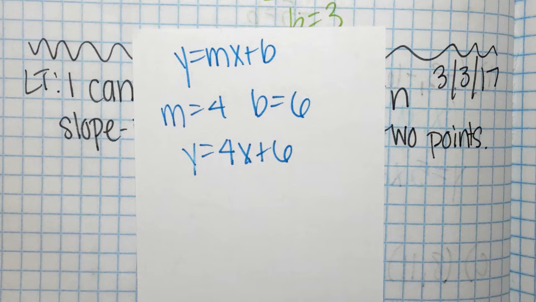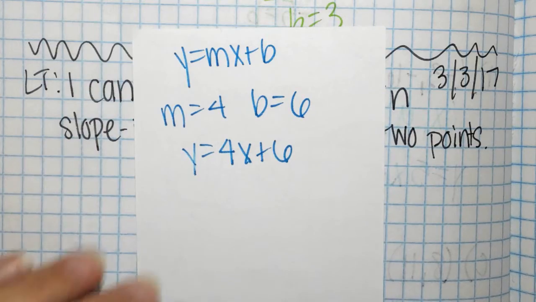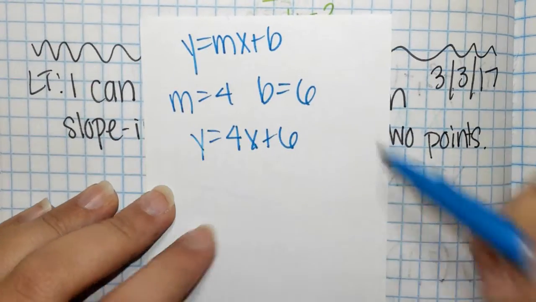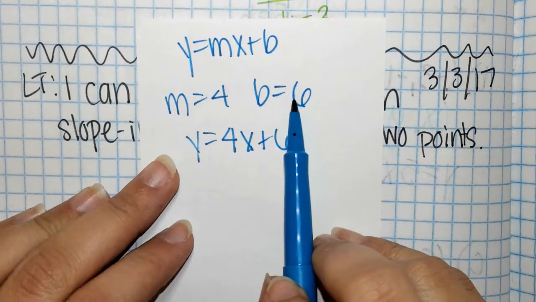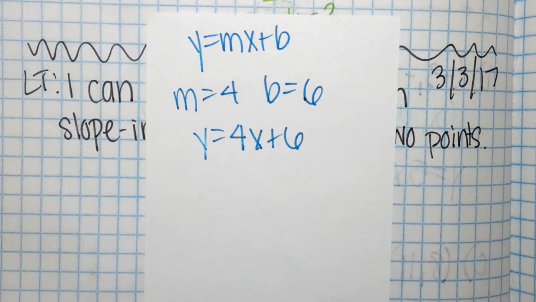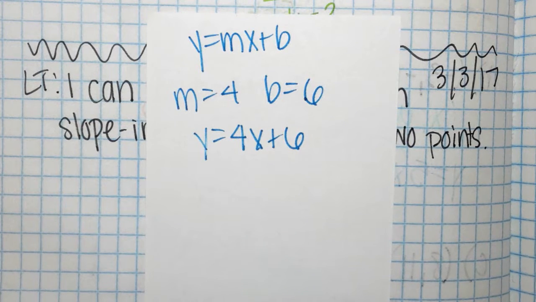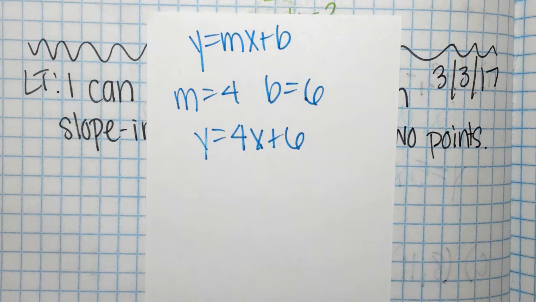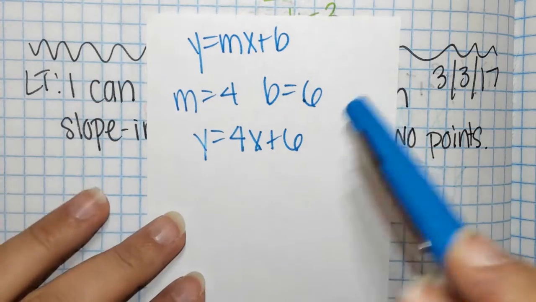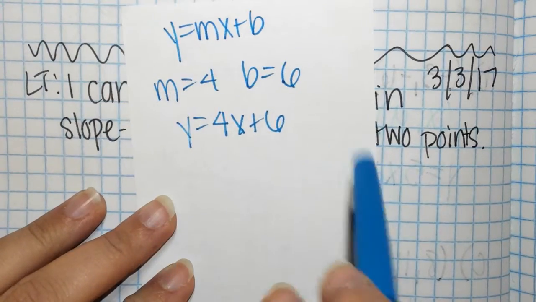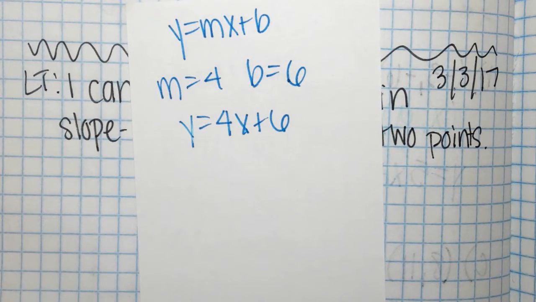What does x stand for? x coordinate. And what does y stand for? y coordinate. All right, so we have done it where I give you the slope and the y-intercept. What else have I given you that we have to write in slope-intercept form? We did it yesterday and the day before.